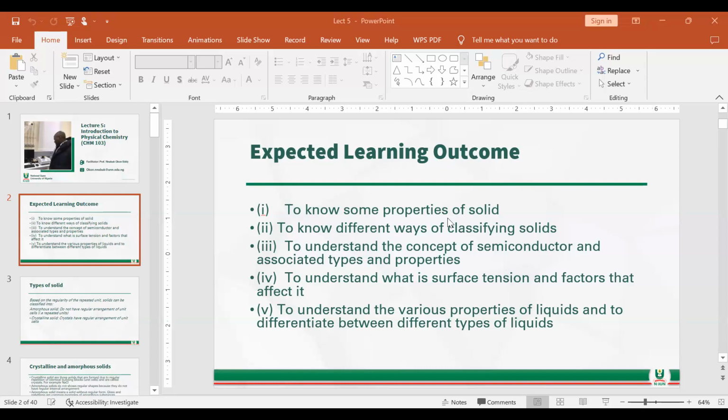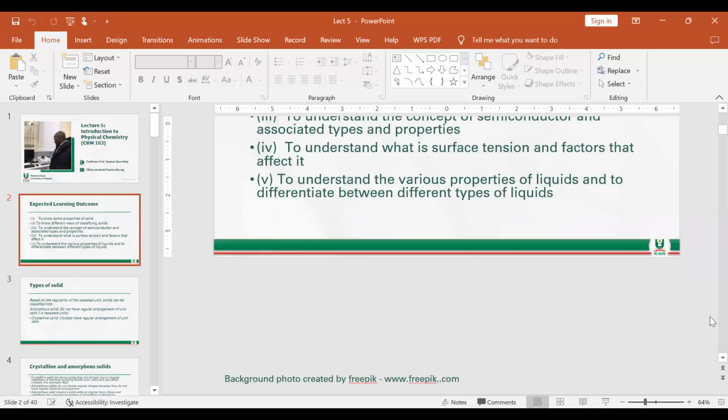We will know which one is an N-type semiconductor and which one is a P-type semiconductor. So we'll know the difference between semiconductor and conductor, and also the insulator. So that is what we are going to look at. Let's start, and you're welcome to this lecture.